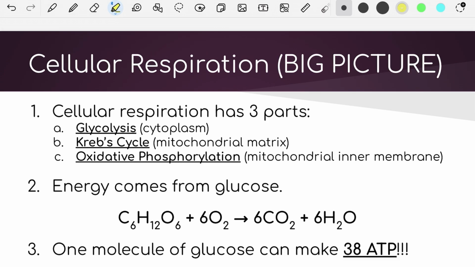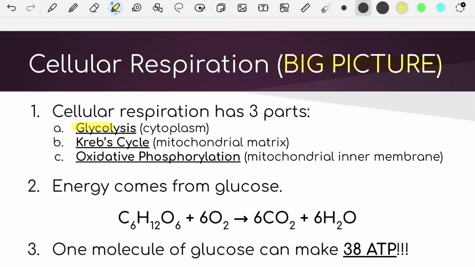All right. So, like I said, there's a bunch of chemical reactions that happen inside the mitochondria. And so here's the overview, okay? Here's the big picture for cellular respiration. It has 3 parts. Okay, you need to know these 3 parts in pretty good detail here.